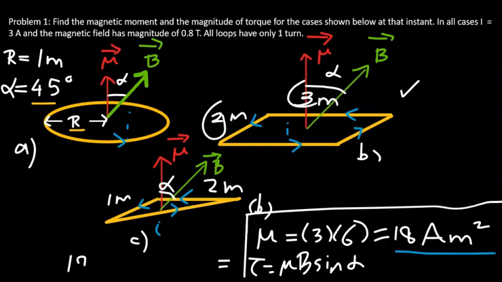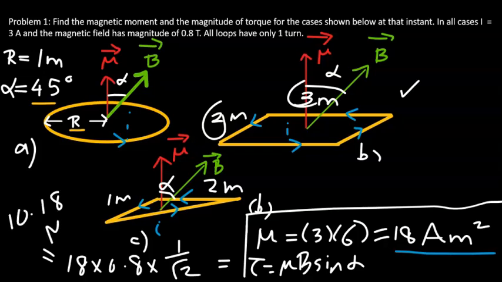Mu is 18, B is 0.8 Tesla, and sine 45, because alpha is 45, is 1 over square root 2. And that's going to be 10.18 Newton meter. Note that in all these cases, there's only one turn.